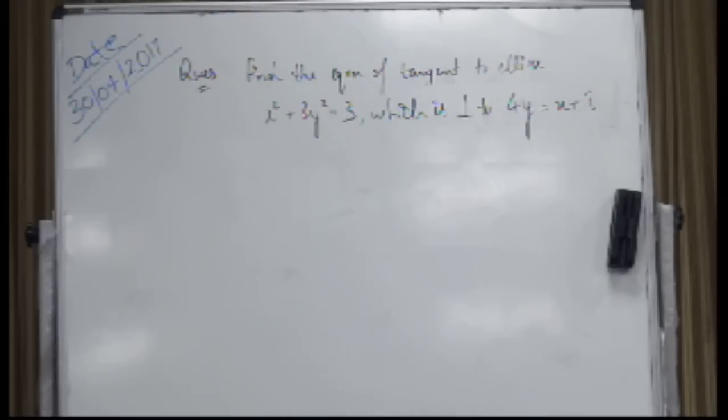y is equal to 4x. That line won't be perpendicular to this one. m1 m2 should be equal to minus 1. Minus 4x. Okay.